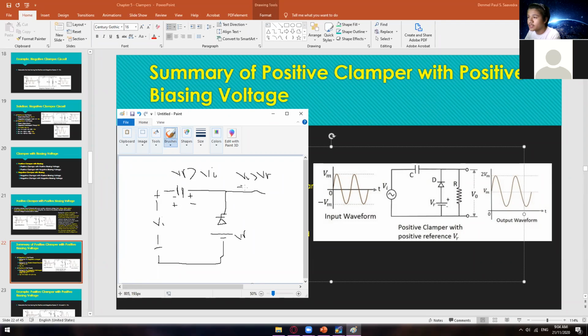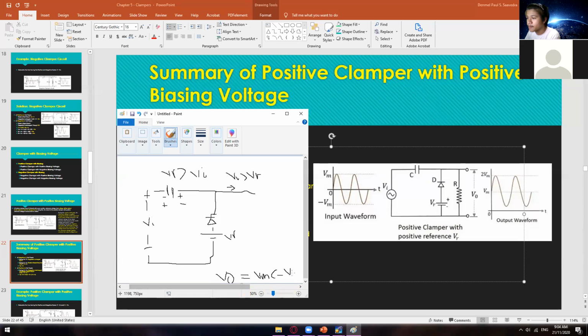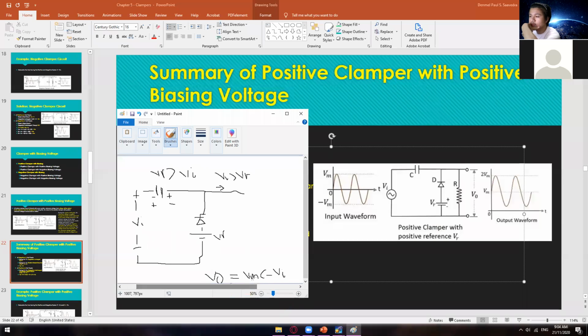All of our voltages now will pass through this side because we now have an open circuit. At that time, V sub O is equal to our VMC positive minus the V sub I. If that's the case, then if we have a higher V sub I, it will become negative.